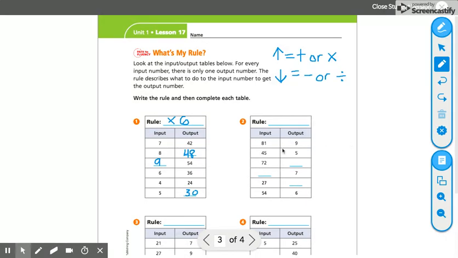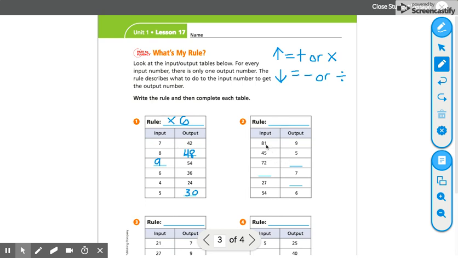All right, let's try one more. Here, I see my input numbers are higher and my output numbers are lower. So I know I'm going down. So I'm looking for either a subtraction or a division. All right, well, if I go from 45 to 5, if I was doing subtraction, I'd have to minus 40. That's a lot to minus.